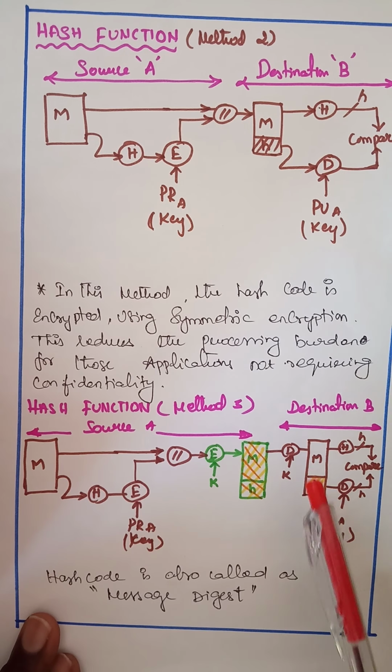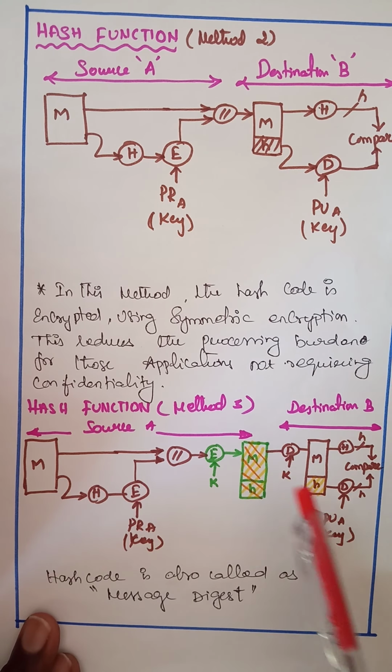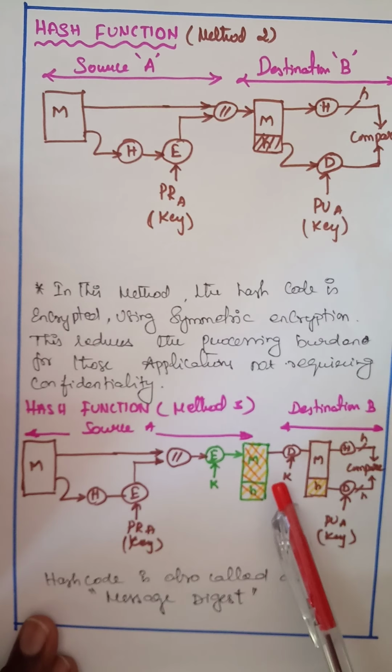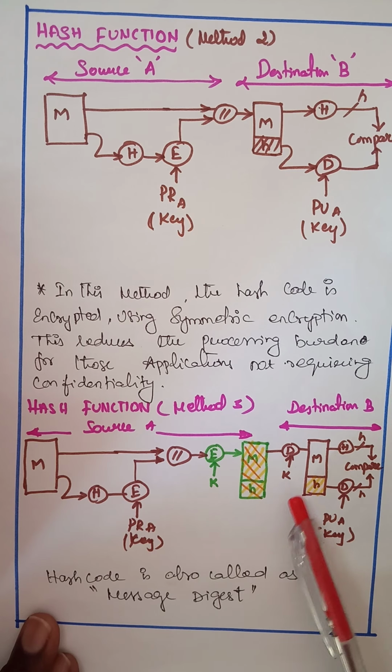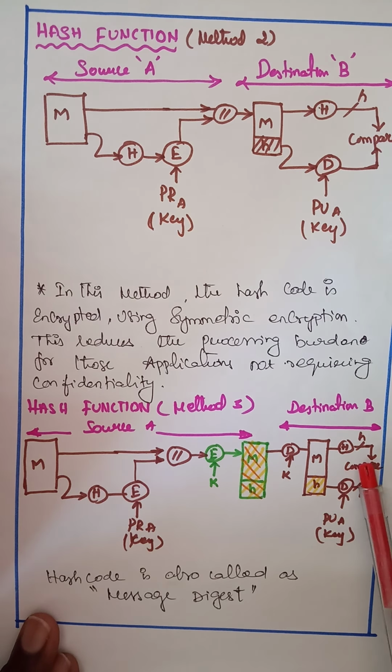The destination or receiver decrypts the message received from the sender using the secret key K, generates the hash code, and compares the generated hash code with the decrypted hash code. If both are the same, then authentication is achieved. If either hash code does not match, then authentication cannot be achieved.